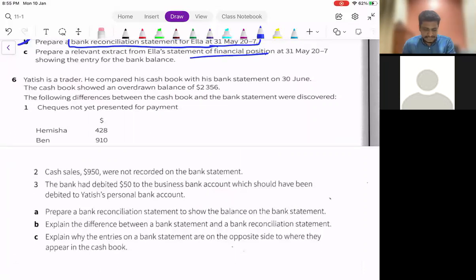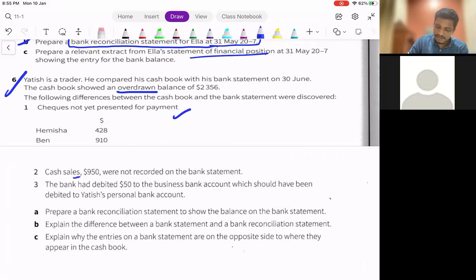Okay, my question number 6 is here. Yatish is a trader. He compared his cash book with the bank statement on the 30th June. The cash book showed overdrawn 2356. The following differences in the cash book and the bank statement: cheque not yet presented, not recorded.